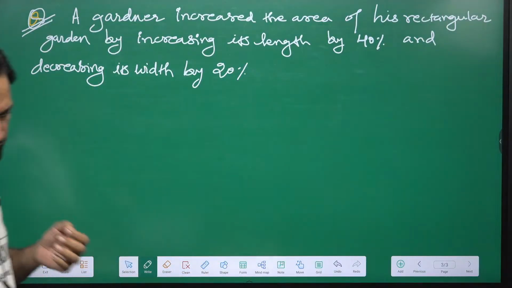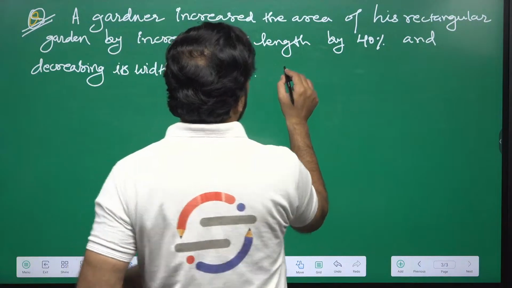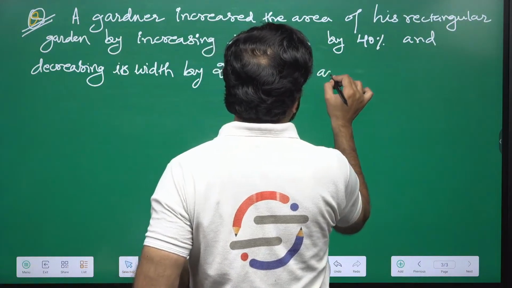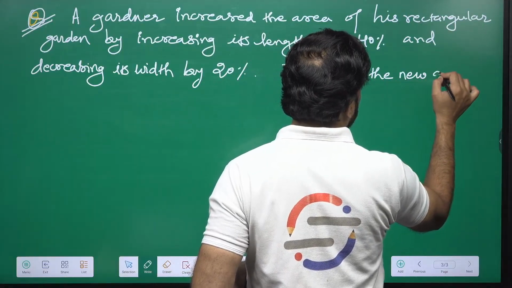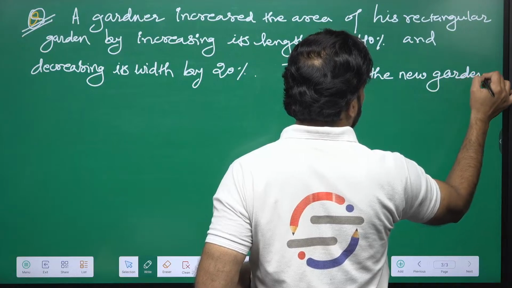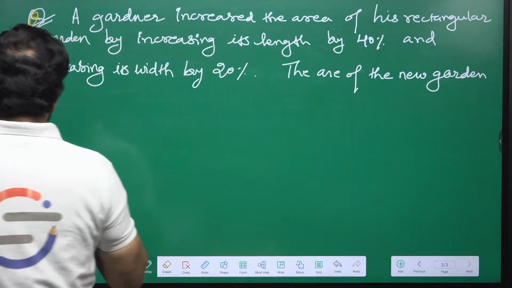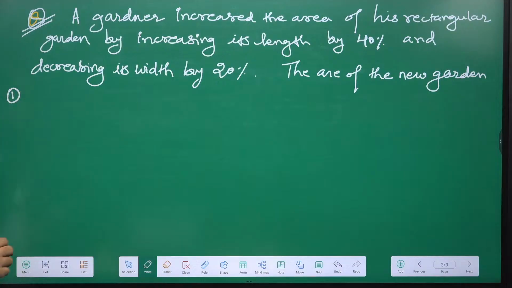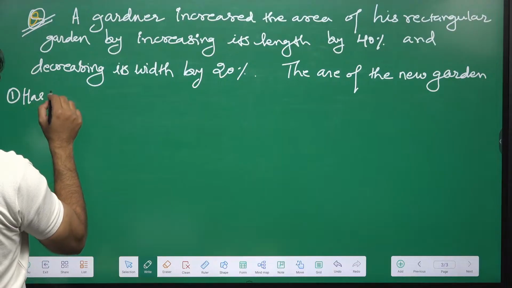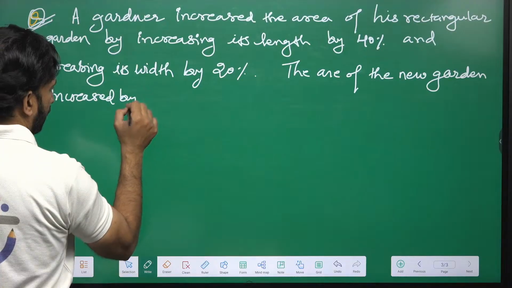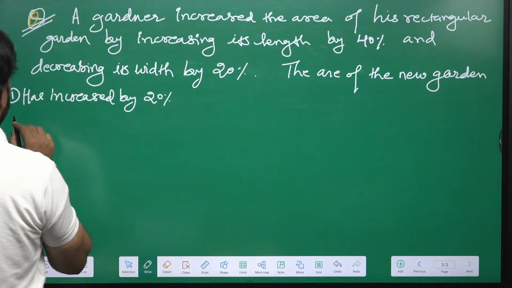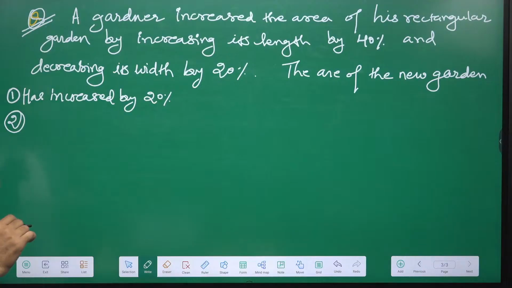The area of the new garden. Statement 1: has increased by 20%. Statement 2: has increased by 12%.